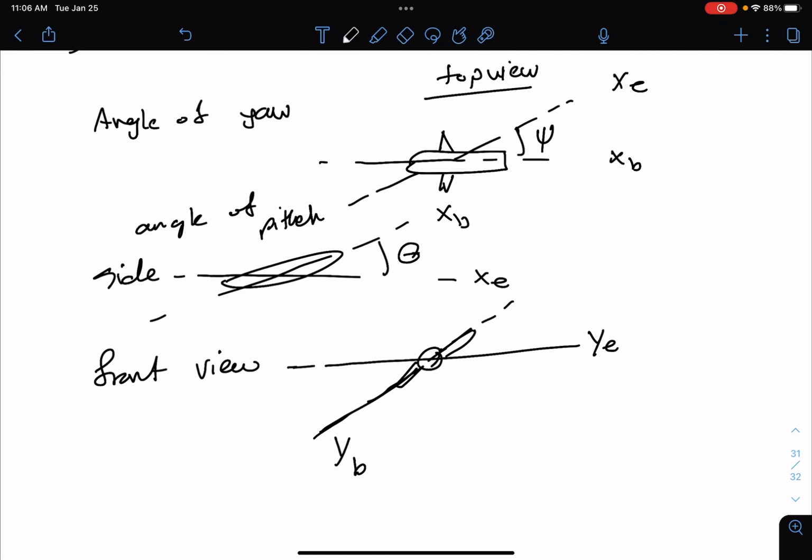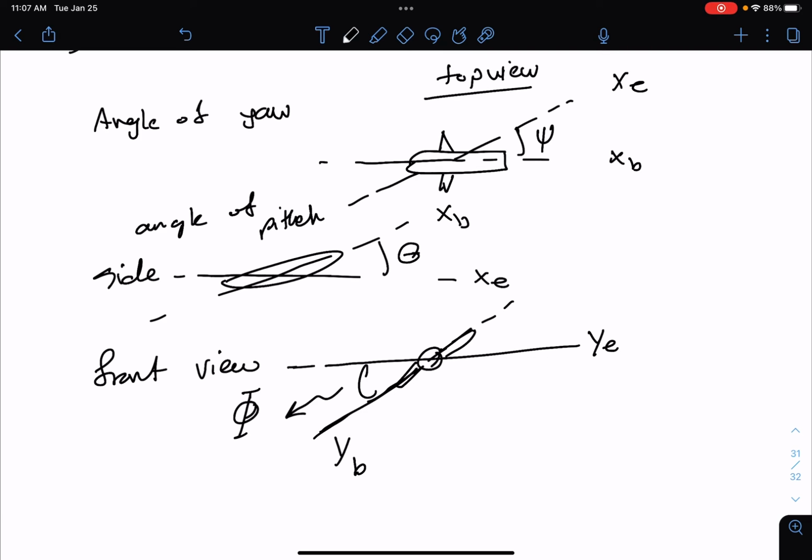So this is the angle of bank, the capital phi, right? The small phi is a little more complicated, and it is not possible for me to show it in a two-dimensional setting because it also includes the turn of the aircraft, right?